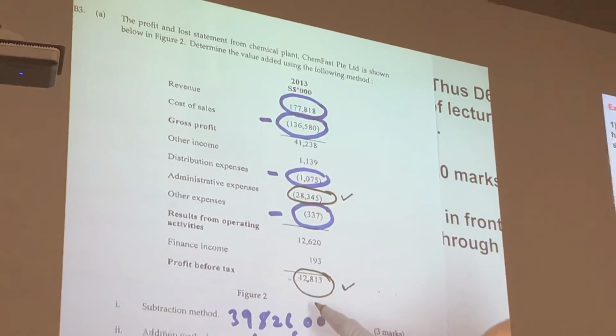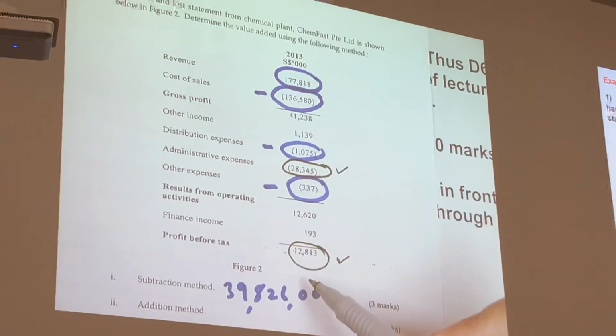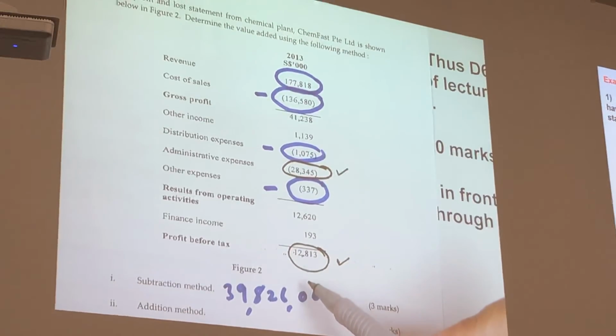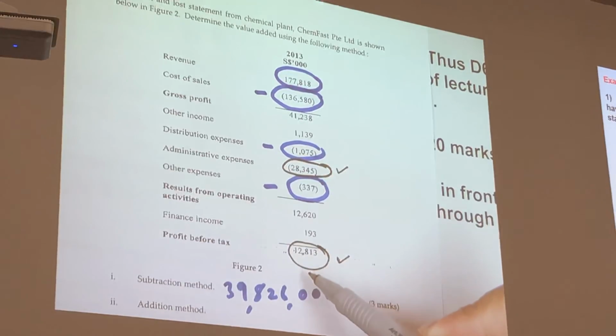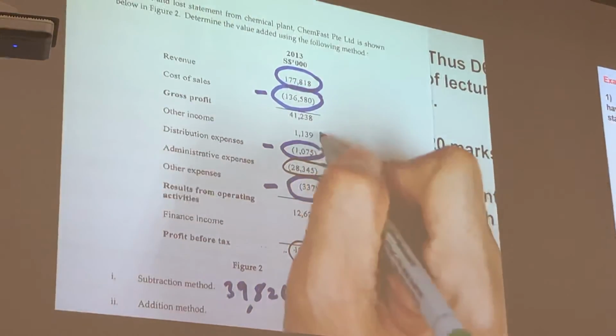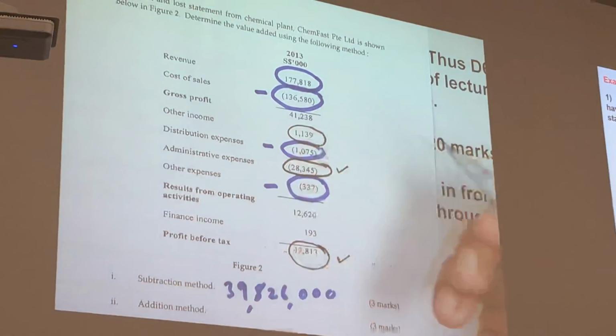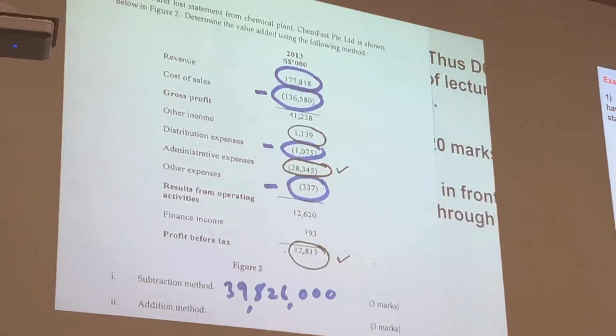But because of that, profit before tax has been messed up by irrelevant items that are not related to your organization's activities. Such as what? Other income. Like the CEO is a model, so he goes and takes part in the Manhunt final, and wins $1 million of prize money.